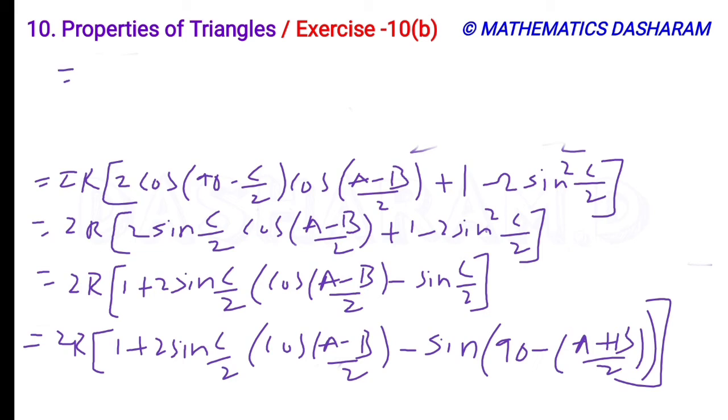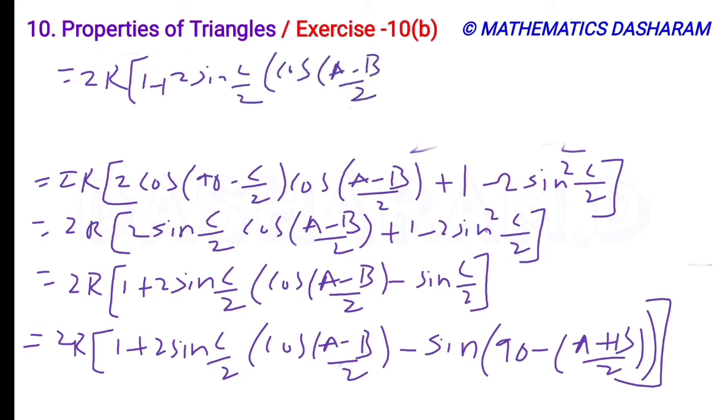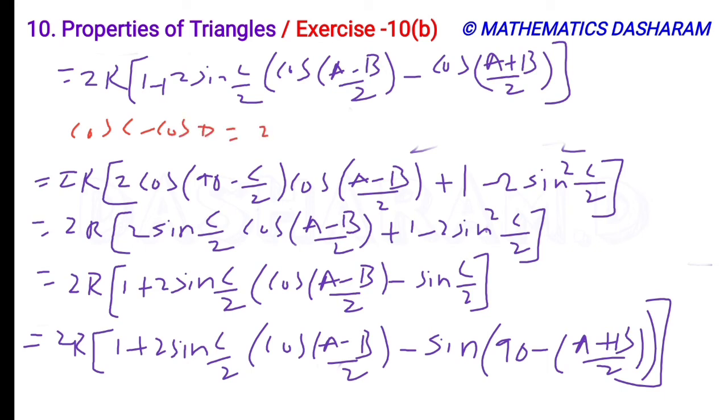Now it is equal to 2R bracket of 1 plus 2 sin C by 2 into cos (A minus B) by 2 minus... here sin (90 minus theta) is cos theta, so then cos (A plus B) divided by 2. So here we can apply the cos C minus cos D formula, so it is equal to 2 into sin (C plus D) by 2 into sin (D minus C) by 2.